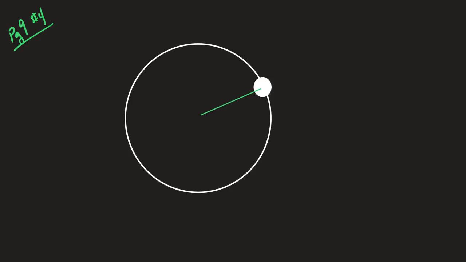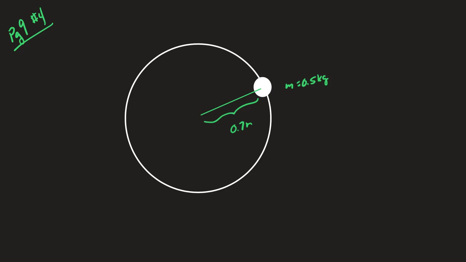That good? So this is 0.7 meters, and the mass of the ball is 0.5 kilograms. If the speed of the ball at the bottom of the circle is 4 meters per second, calculate the tension.